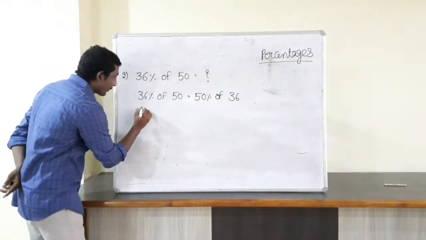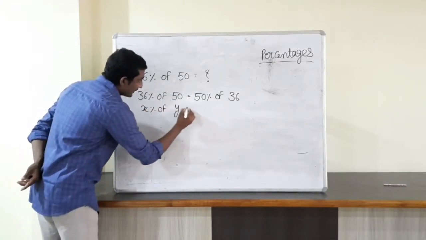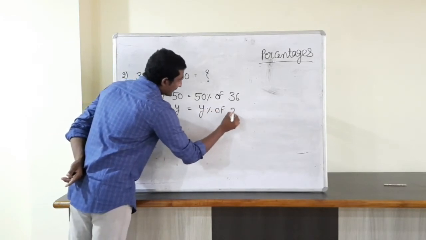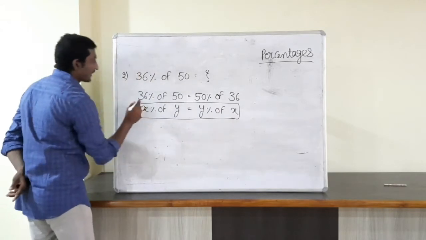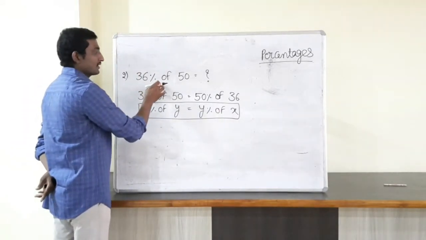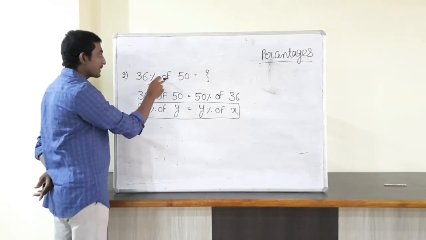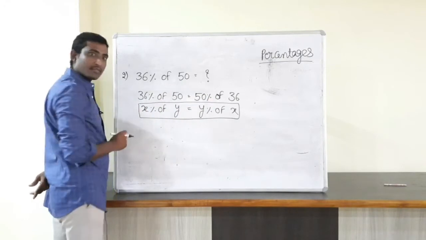Why? See the formula: x percentage of y equals y percentage of x. By using this formula, we can write the question like this. Now 36% of 50, we can write as 50% of 36.